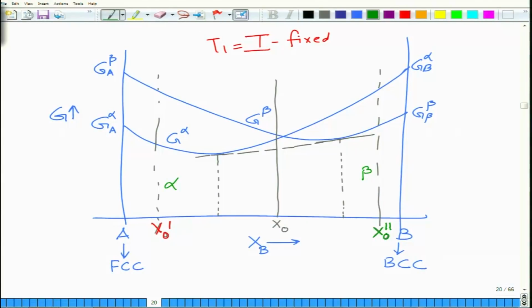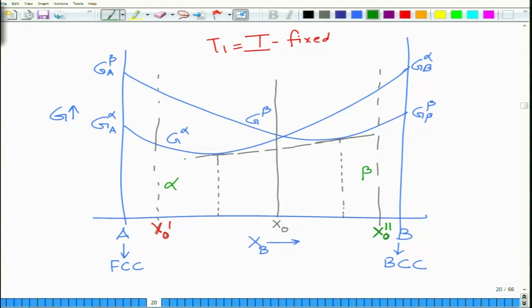What happens in the intermediate composition ranges? In the intermediate composition ranges in the vicinity of crossover, suppose your alloy composition is X naught. If these two free energy curves are drawn in this fashion, so that one is shifted with respect to the other in one region and in another region it is down, then you need to find a common tangent.